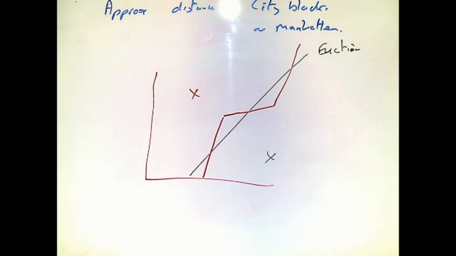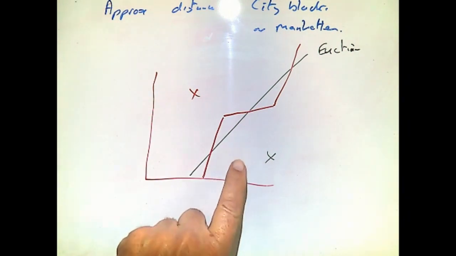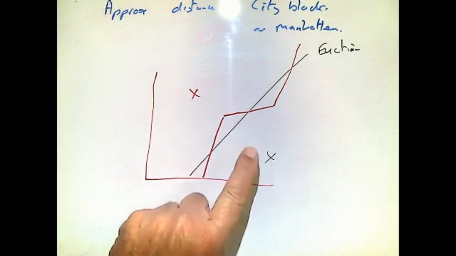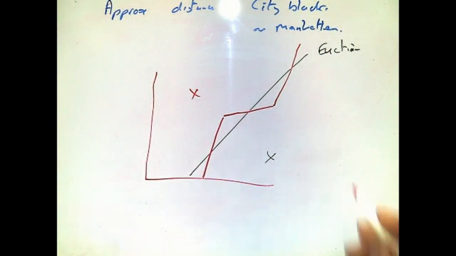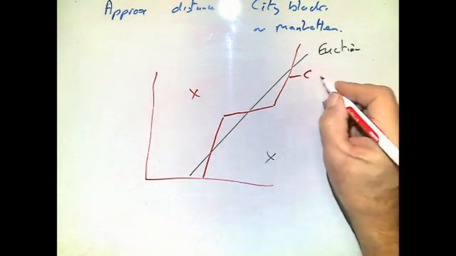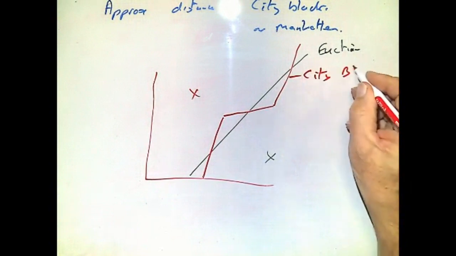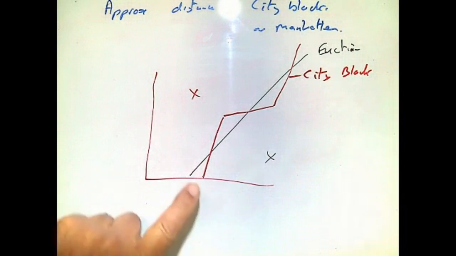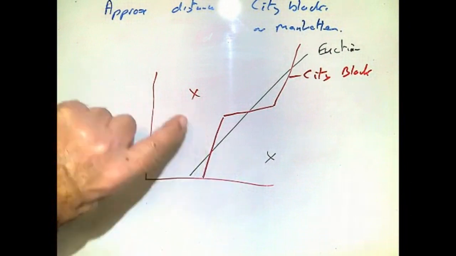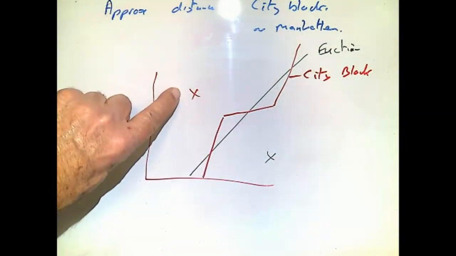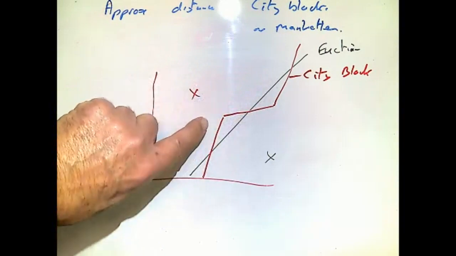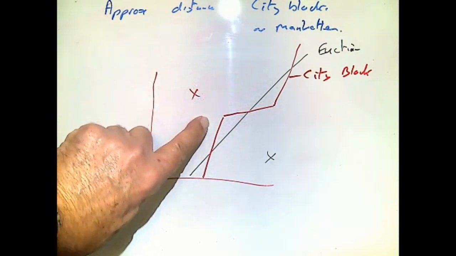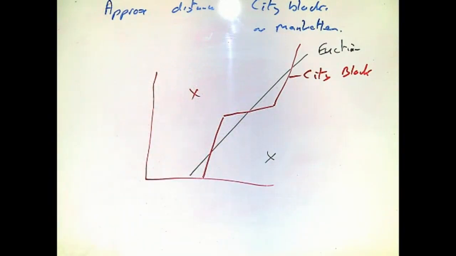And so what we have here is patterns on the red side of the red surface, the city block, will belong to the black class, and patterns on the black side of the red surface will belong to the red class. So we have an area of ambiguity, and I can shade that in.